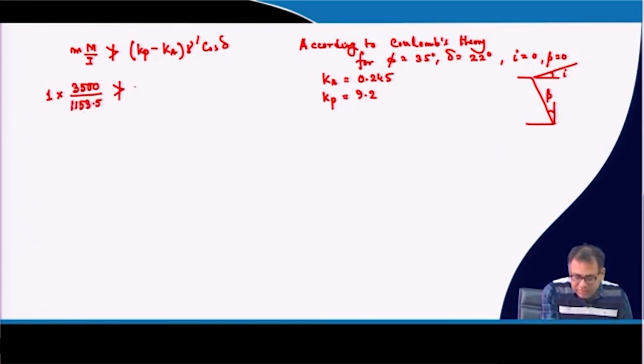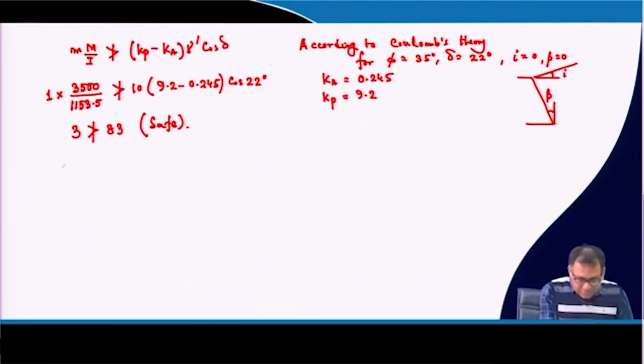That should not be greater than gamma dash is 10, times Kp 9.2 minus 0.245, into cos delta, so cos 22 degree. So, this is equal to 3 and that is not greater than 83. So, this side is 83. So, it is safe.